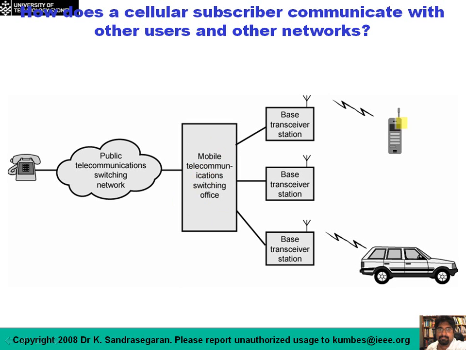So if one mobile is communicating with another mobile, the information goes to the MTSO, where it is switched back to another base station and down to the user. If the user is communicating with somebody on the PSTN network, then the call is switched through the PSTN network to the subscriber on the other end.